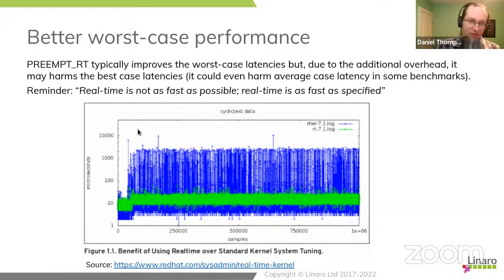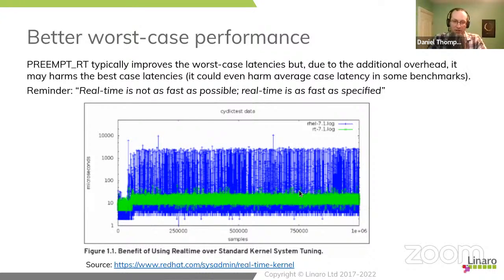But in exchange for that, the worst case performance is incredibly long. You'll notice down the left that this is a logarithmic scale. So this chunk here represents about 3-4 microseconds. This outlier up here represents 10,000 microseconds. So these outliers are genuinely a very, very significant long way out.